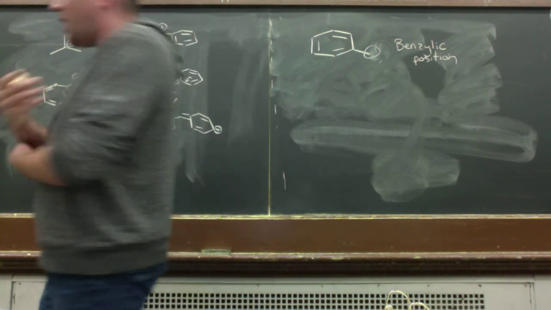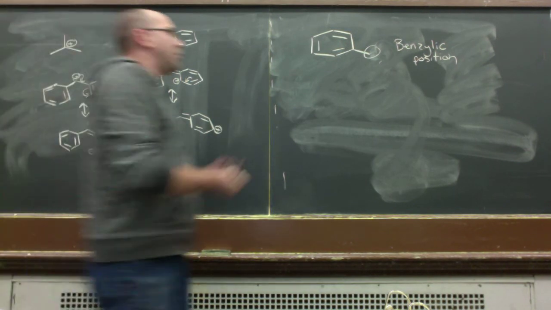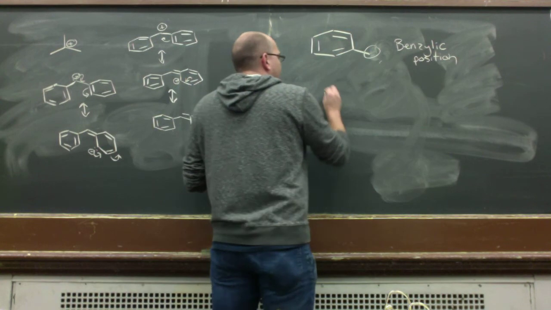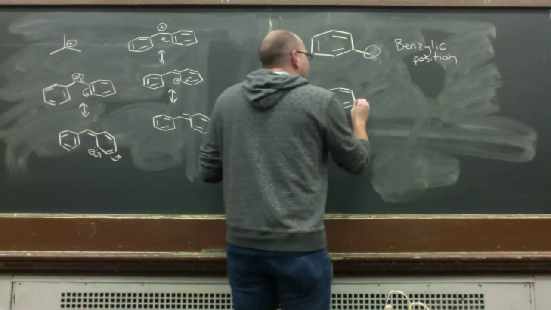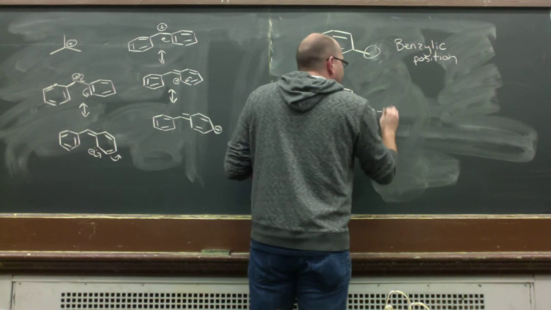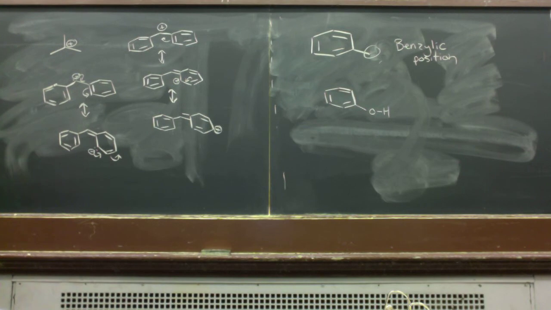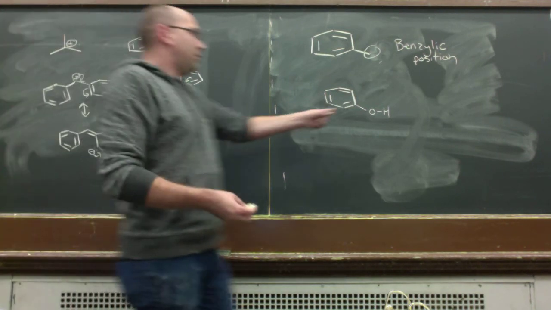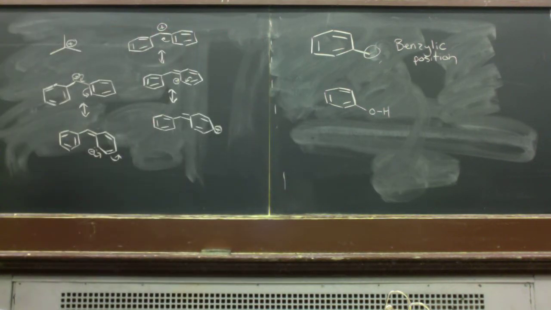And so it turns out there's a lot of factors that arise due to the ability to stabilize these groups through resonance. And while it's not perhaps benzylic per se, we can start to think about some of that stability by thinking about the pKa of phenol. Okay, so phenol is a molecule with an OH, a hydroxyl on that aryl group.